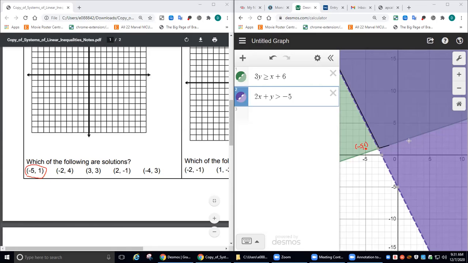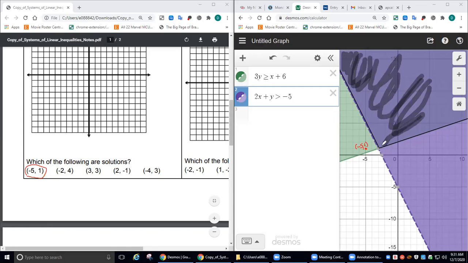So we all know that anywhere here is fine, and on the bottom line here is okay. So no, this is not a solution. Cross it out.